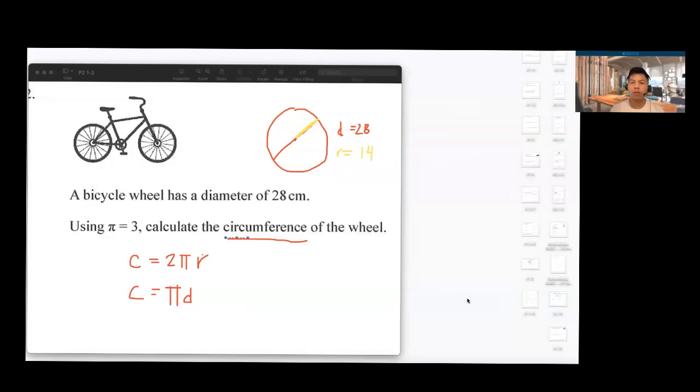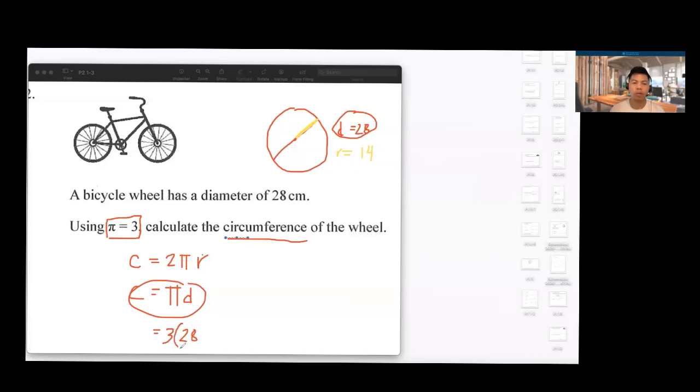So in solving this problem, we can simply use pi d. So let's use this, pi d. What is pi? Pi here is 3. So therefore, it will be 3 times d. D is 28. 3 times 28.